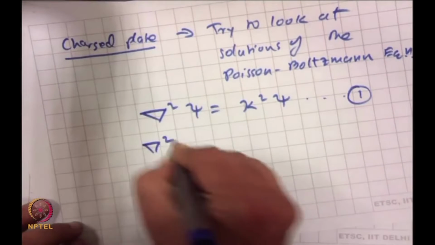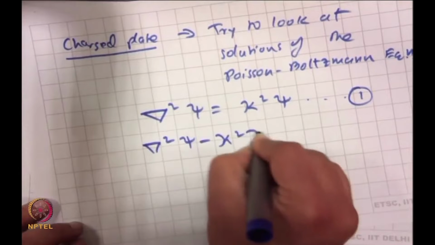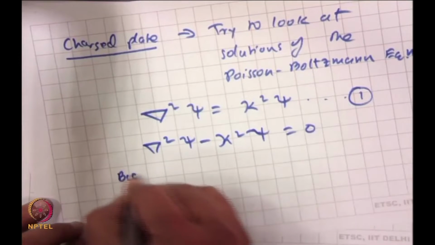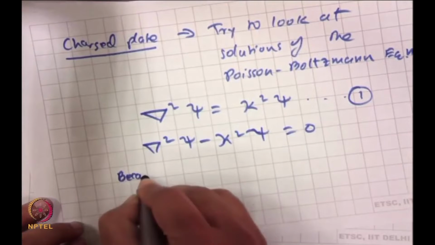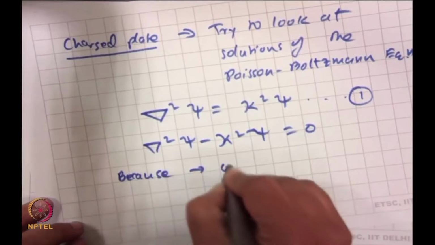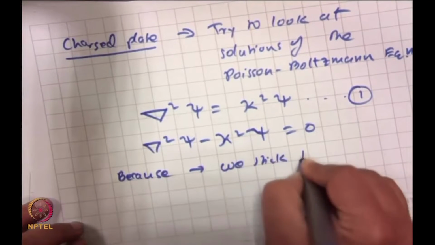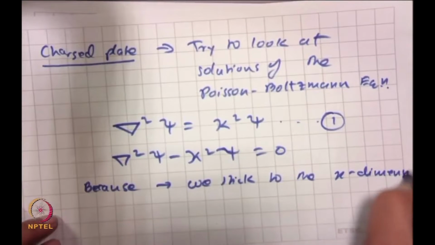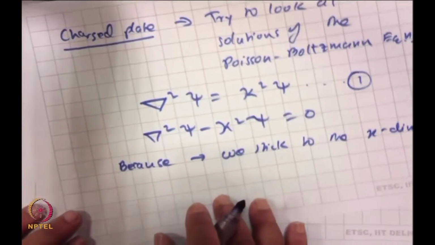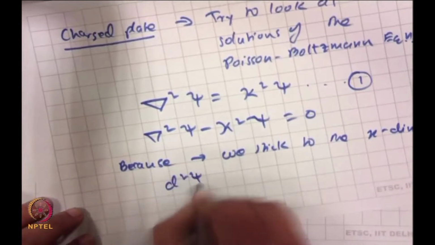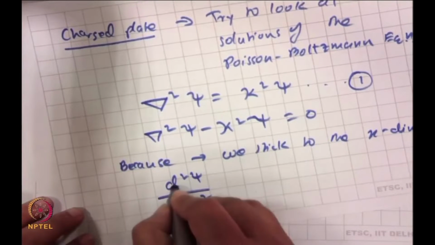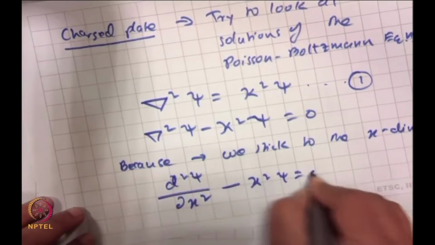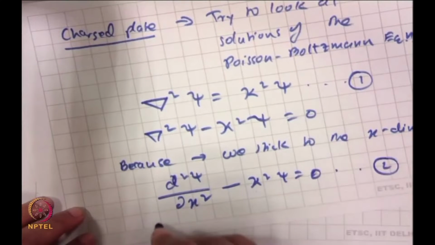I can write it as del square psi minus kappa square psi is equal to 0, and because we stick to the x dimension, that is essentially one dimension, I can write d squared psi by dx squared minus kappa square psi is equal to 0. This is the one we are actually solving.